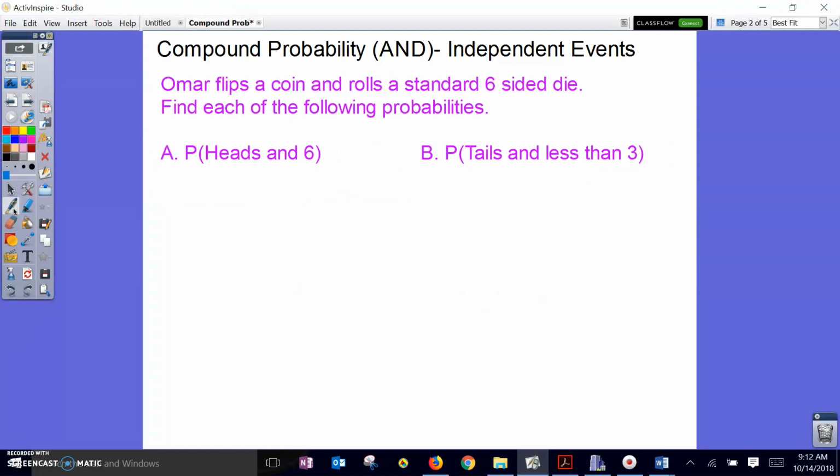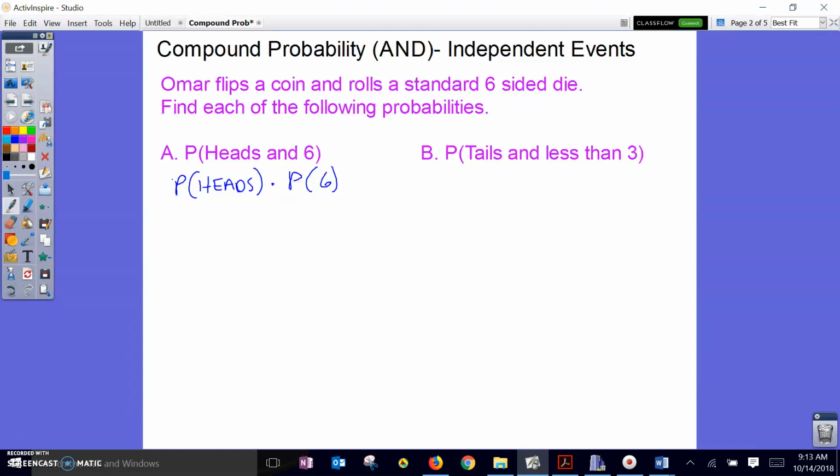We'll start. Omar flips a coin and rolls a standard 6-sided die. Find each of the following probabilities. The probability that he flips heads and that he rolls a 6. So this is equal to the probability that he flips heads times the probability that he rolls a 6. Because these two events are independent. Whether one happens or not has no impact on the other.